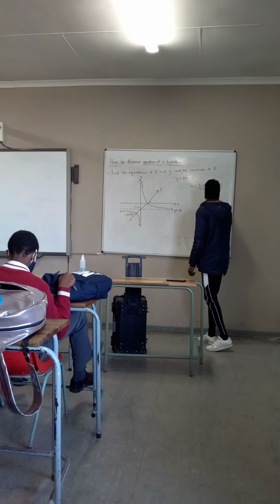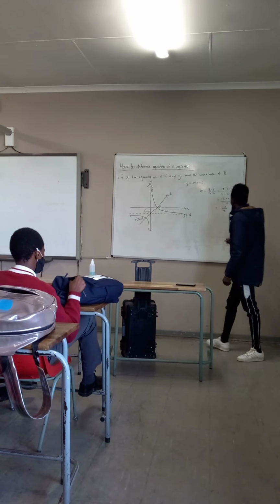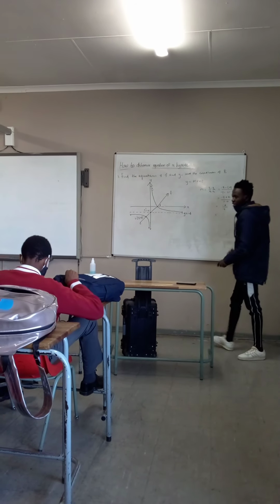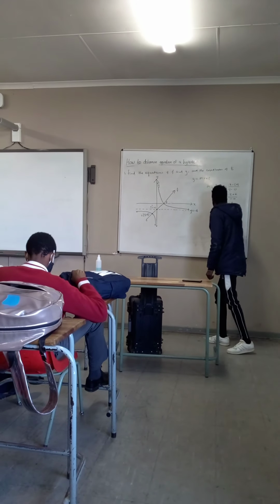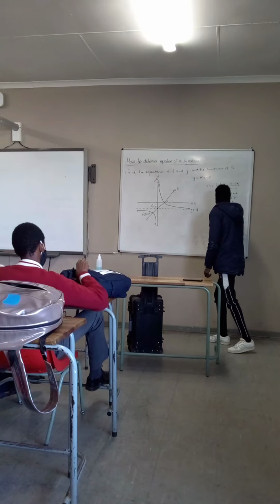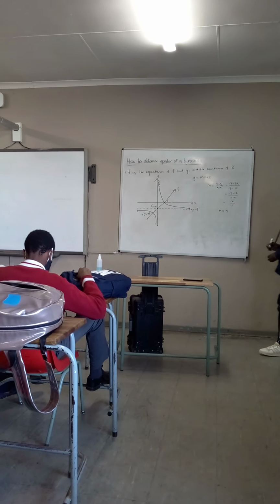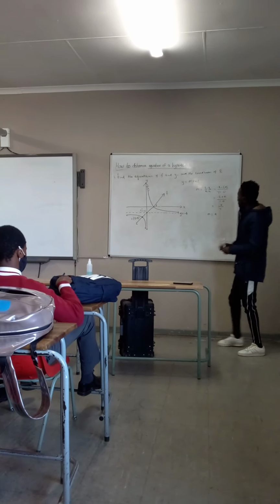Negative 8 plus 4 is negative 4, over negative 1. What is negative 4 over negative 1? It's positive 4. Therefore, our M is equal to 4. Now we have our M.